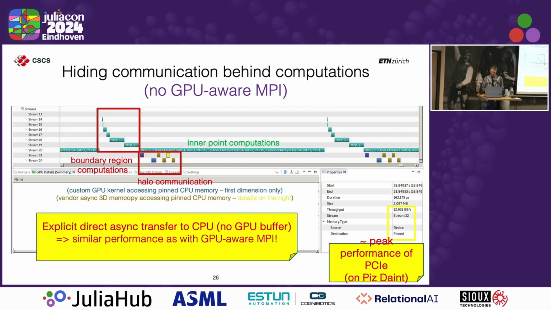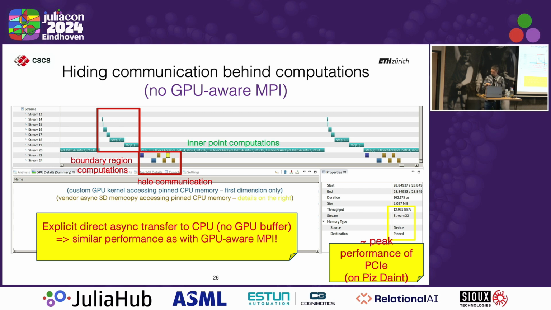Now this here would show how it works when we don't have GPU-aware MPI available. And what's nice to see here is that it basically looks the same way. You see these little blocks are about the same size as before, and there we also have these brown things, and one is highlighted in yellow.